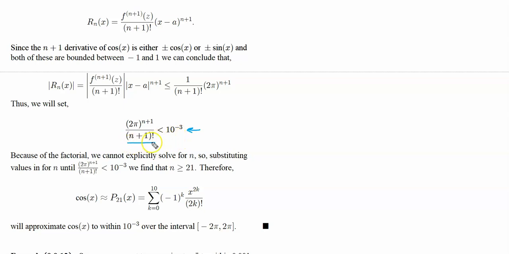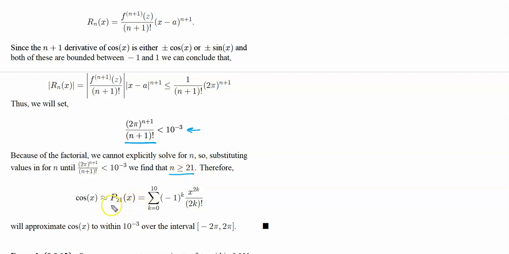Now you'll find that if you do that, n needs to be 21 or larger in order for this to be smaller than 0.001. So if you put 20 in for the n here, you'll find that this is a little bigger than 0.001. Then if you put 21 in here for n, you'll find that it's a little bit smaller than 0.001, and that will remain true as long as n is bigger than or equal to 21.